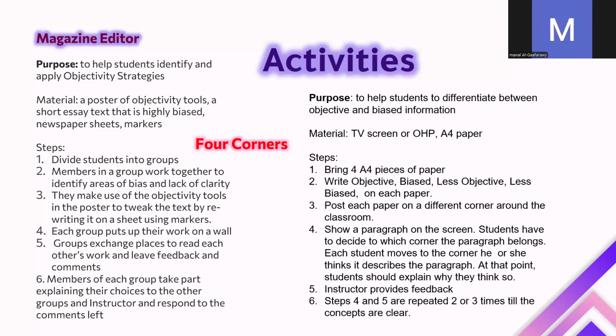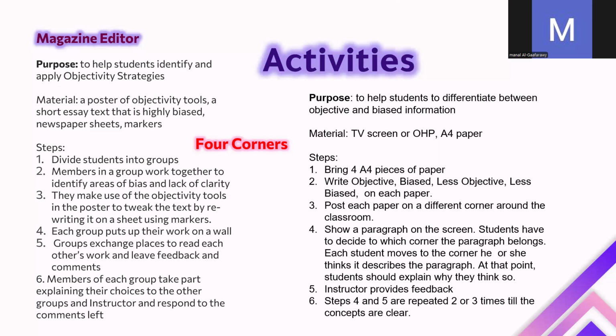Write the titles objective, biased, less objective, and less biased, each on each paper. And then post each piece of paper on a different corner around the classroom. After that, show a paragraph on the screen. Students have to decide to which corner the paragraph belongs.